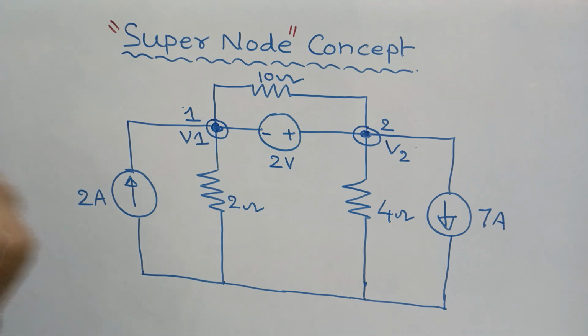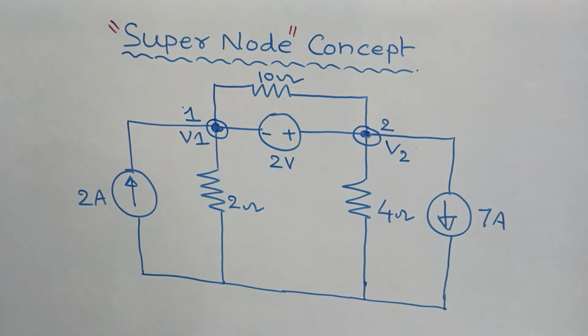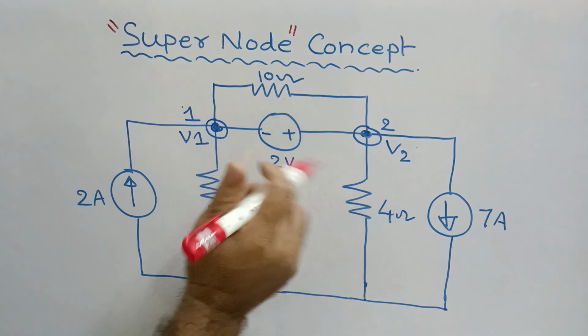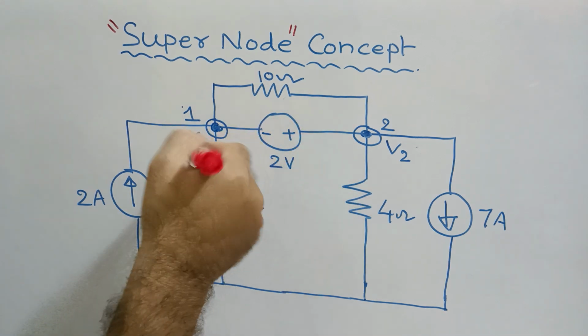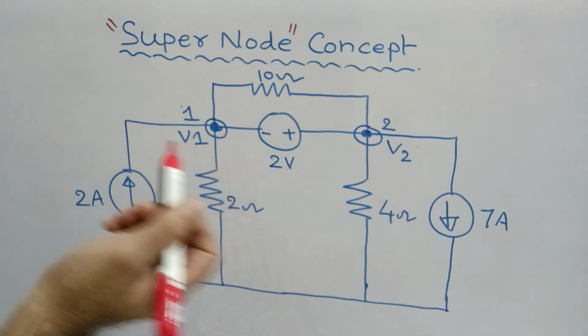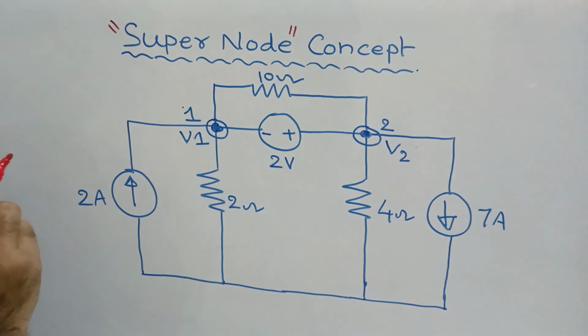Clear? So for this given simple circuit, the supernode is nothing but the nodes which have a common voltage source in between two nodes.